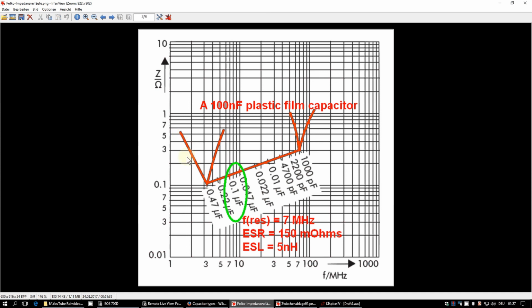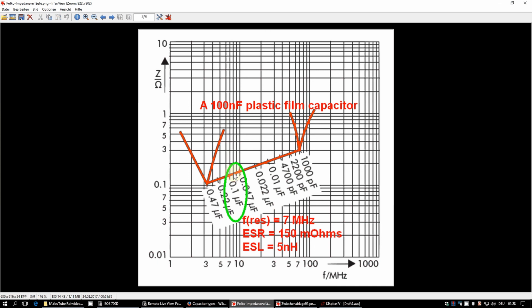The impedance drops linearly here in this double logarithmic graph up to a minimum point, and the minimum impedance is directly readable. It's the ESR, and for our 100 nanofarad capacitor this gives around 150 milliohms, and at the point where the minimum is, this is the resonant frequency of our series resonant circuit, in this case 7 megahertz.